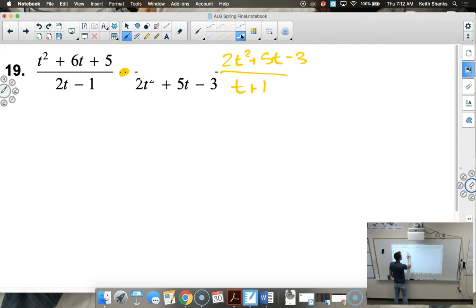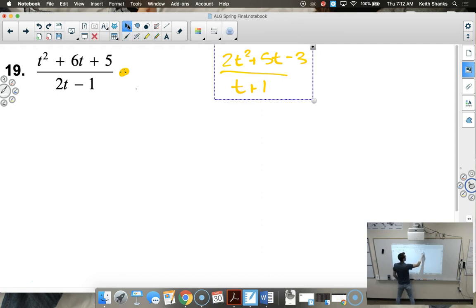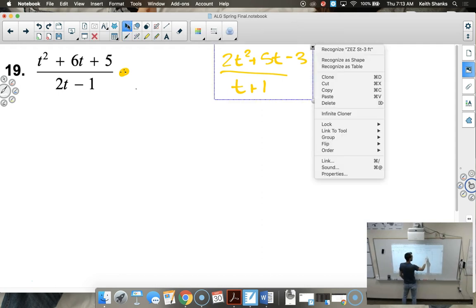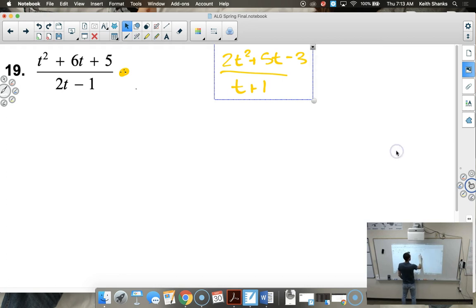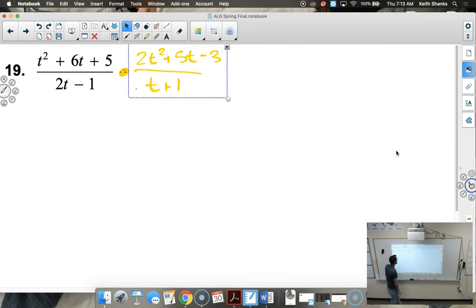But hopefully something will cancel out, and hopefully it'll cancel out pretty quickly. I want to remind you that when we do things like this, they normally are giving you a helpful hint. So this 2t minus 1, I'm thinking that might be helpful. And this t plus 1, I'm thinking might be helpful.